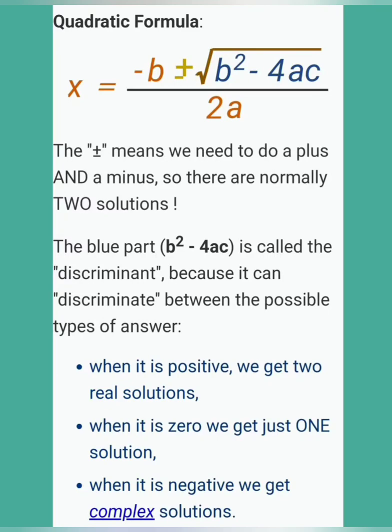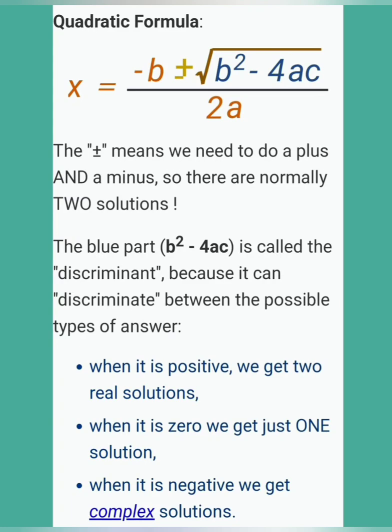Here you get two values for x, namely x1 will be equal to minus b plus square root of b square minus 4ac whole divided by 2a, and another root x2 will be minus b minus square root of b square minus 4ac whole divided by 2a.